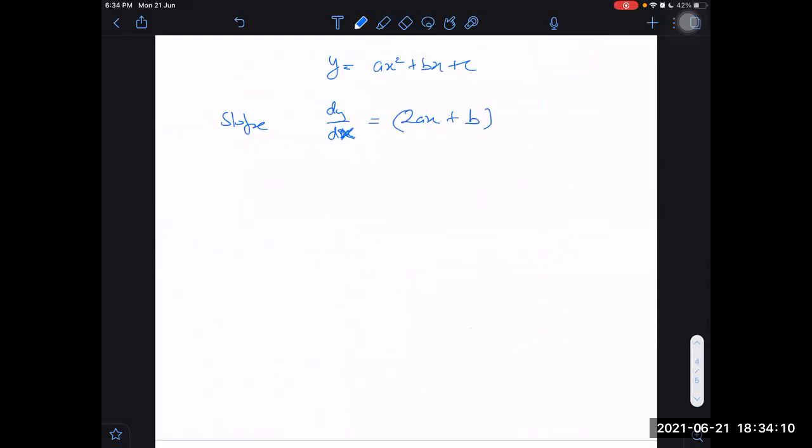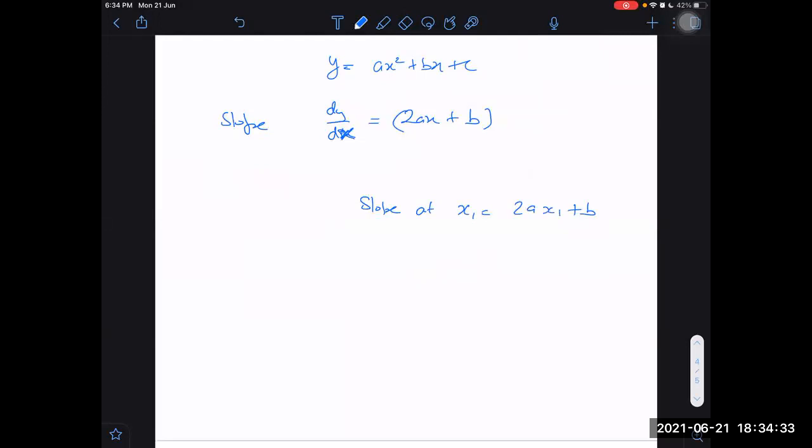So slope at x1 is equal to 2a x1 plus b, right? Yes, sir.